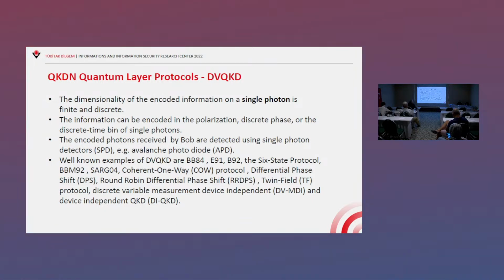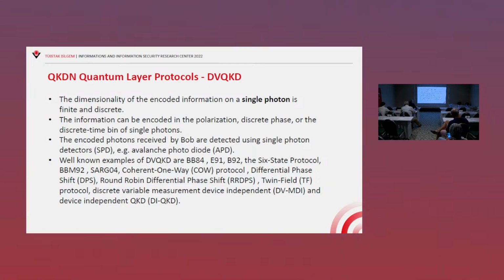Any property of the photon could constitute the state where we could encode this information. And the encoded photons are then received by Bob, in this case by single photon detectors.